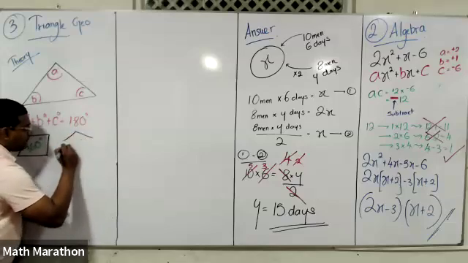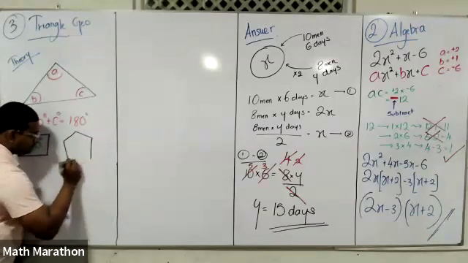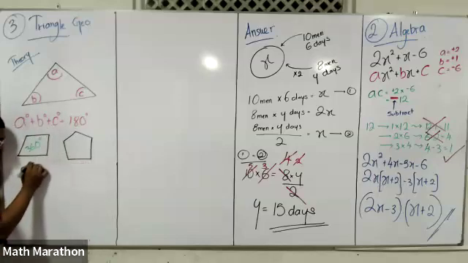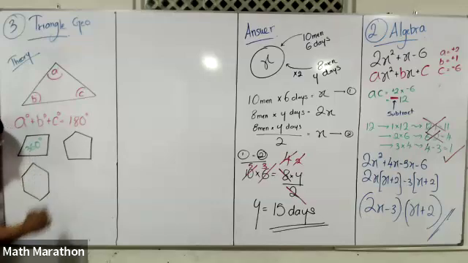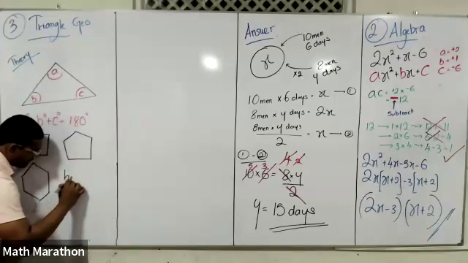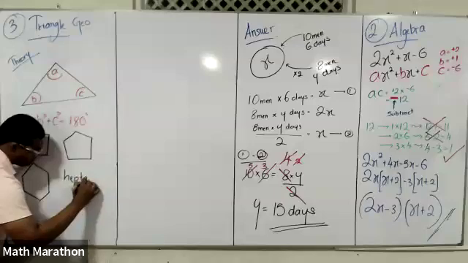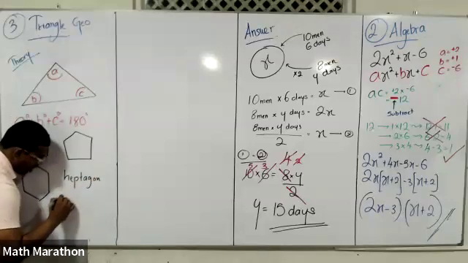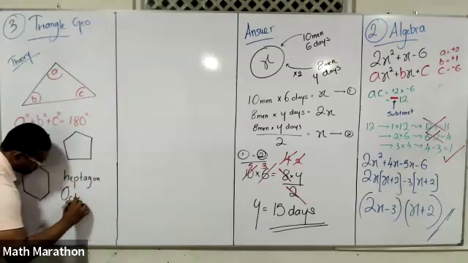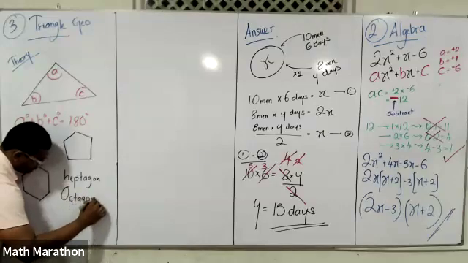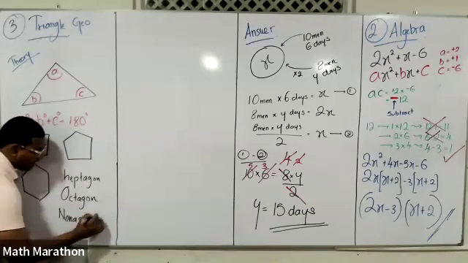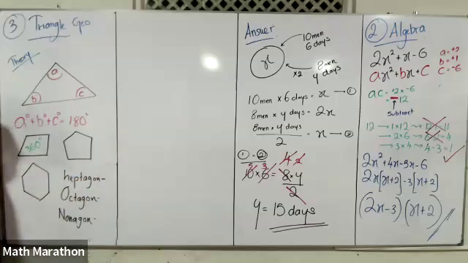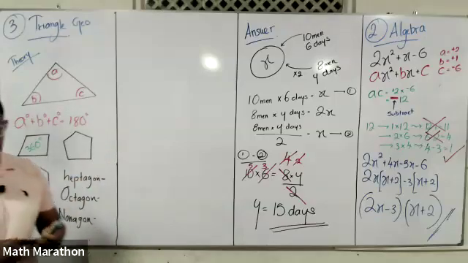What if you have a pentagon? What if you have a hexagon? What if you have a heptagon? Octagon? Nonagon? How do you find the internal angles? That is the question.